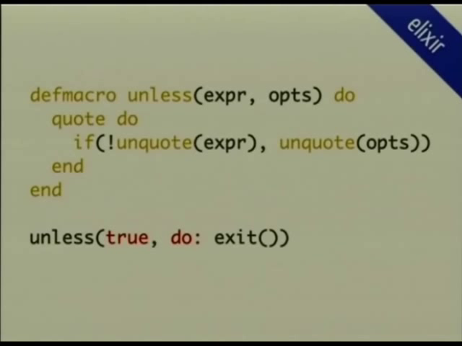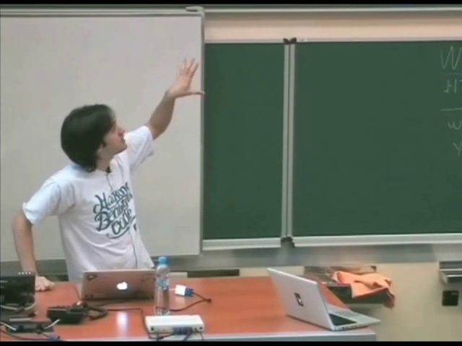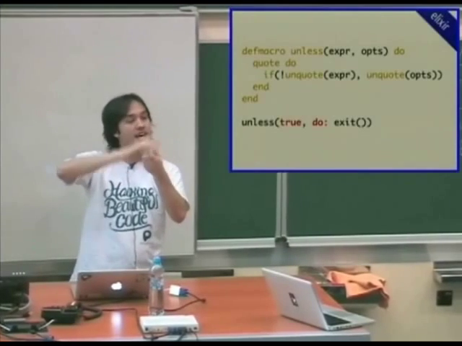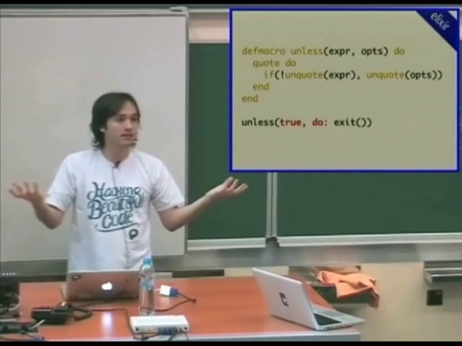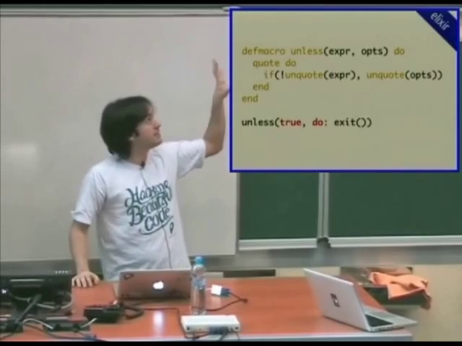In Elixir, it's not a keyword, it's just a macro. Because when you say at the bottom, unless true do exit, the macro is not going to receive the evaluation of this expression. It's not actually going to call exit. The macro is going to receive the representation of do exit, and then we can manipulate it. What we are doing in this macro example is simply converting the unless into a negated if, which is actually what unless is. Right? So here's an example of macros.